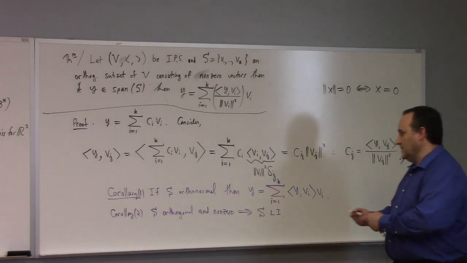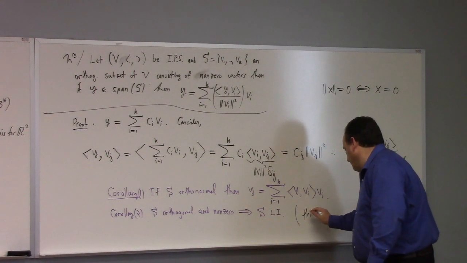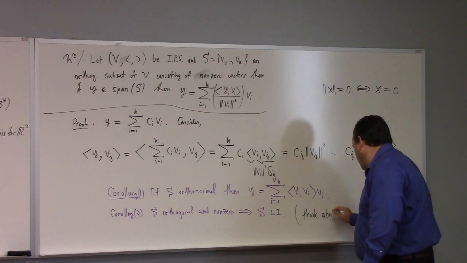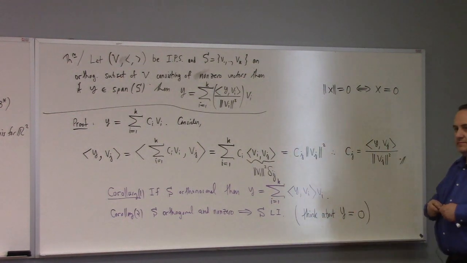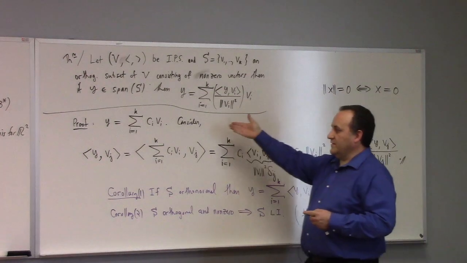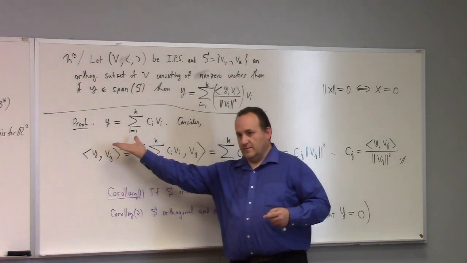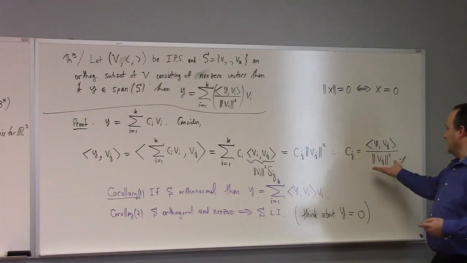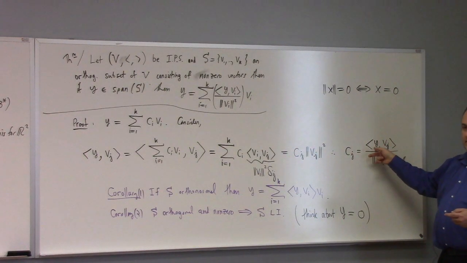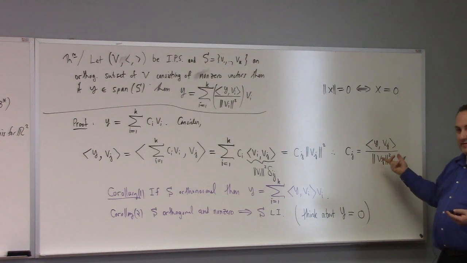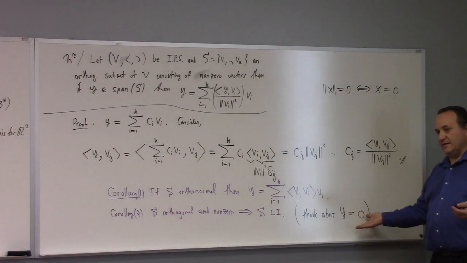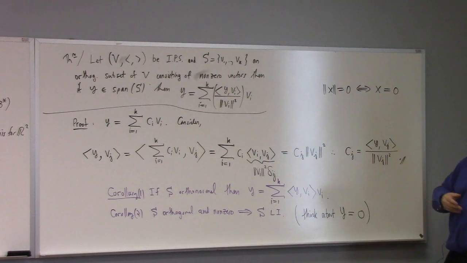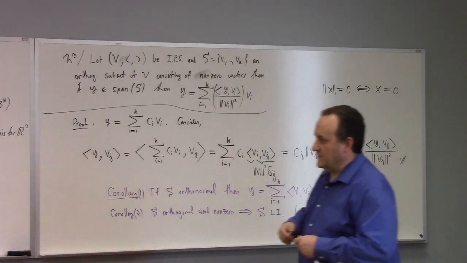What's the proof here? Basically just this. Think about y equals 0. If I have a linear combination of the vectors equal to 0, the coefficients are given by the inner product of 0 with vj divided by the length of vj squared. But the inner product of 0 with vj is, by one of the axioms of the inner product, 0. Therefore, orthogonal non-zero implies linearly independent, because if we take a linear combination equal to 0, it must be the trivial combination, from the definition.